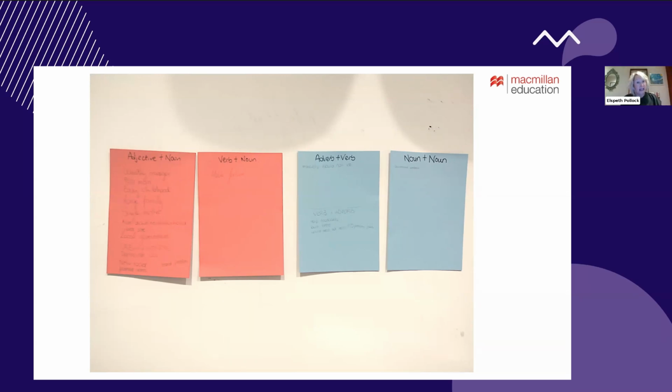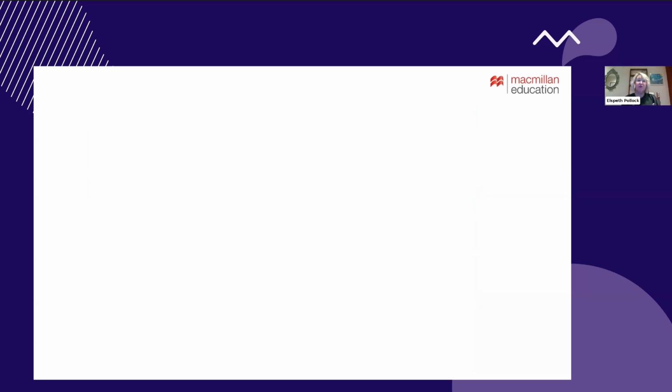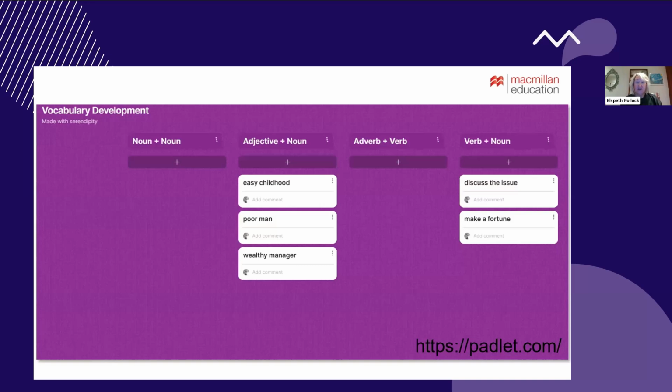Or if you are more technologically minded, you might want to do the same thing on a tool called Padlet, which I'm sure many of you are familiar with, padlet.com. Here you can see I've done exactly the same thing as the pieces of paper. I've put up the types of collocation, noun plus noun, adjective plus noun, and students get the link to the Padlet and they type in on their phones the collocations that they've found.